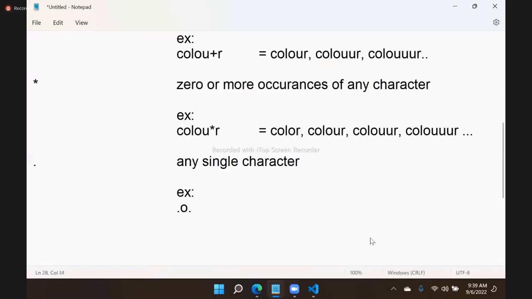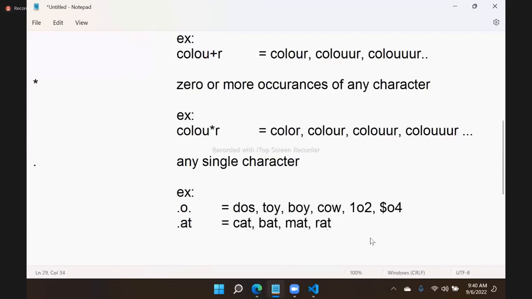That means it represents DOS, toy, boy, cow, all these things. It can be 102, like $O4, anything. You can have any special characters, any character before and after. For example, suppose I am configuring dot 80. That means it will be like cat, bat, mat, rat, like this.